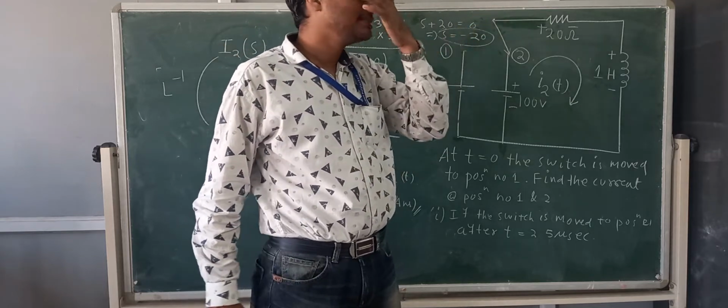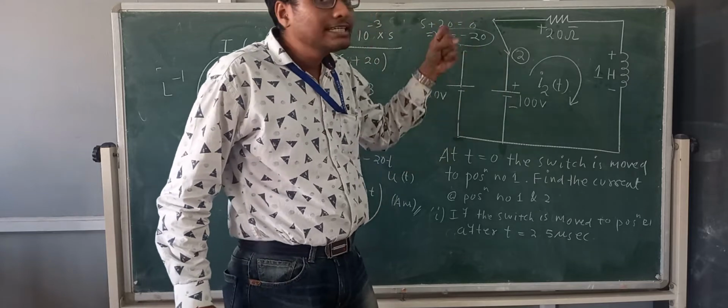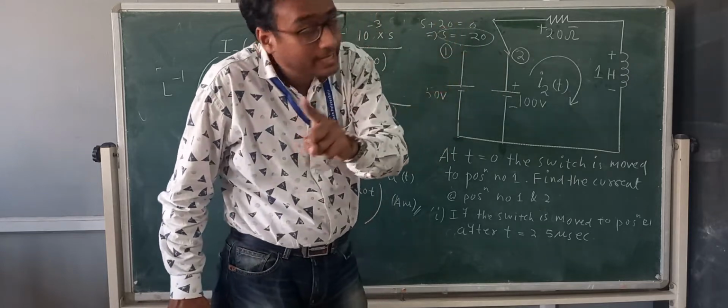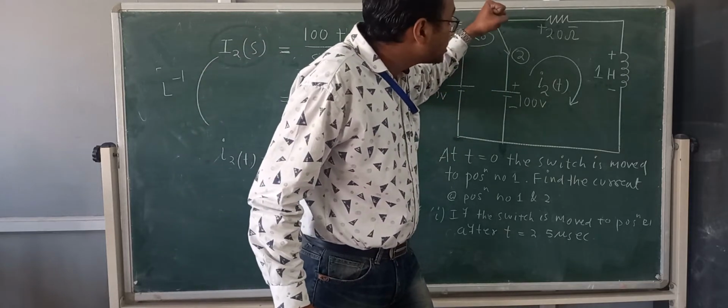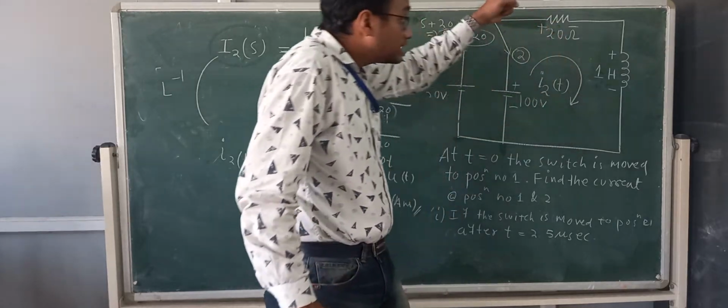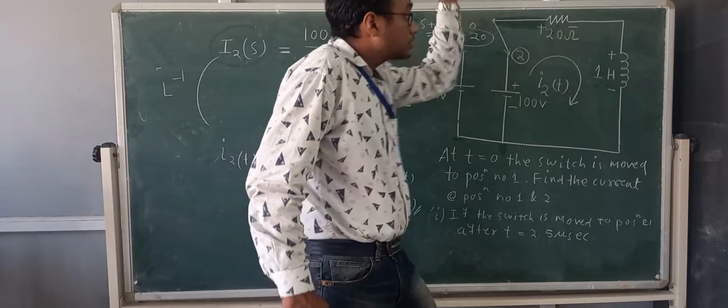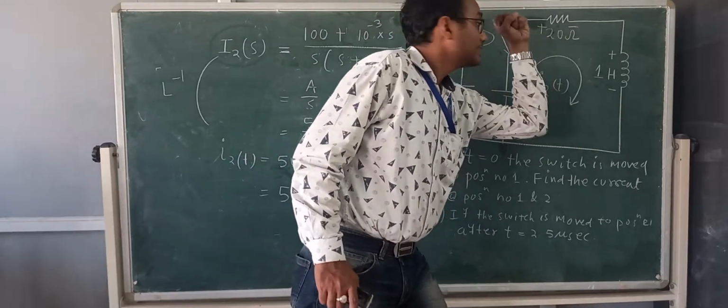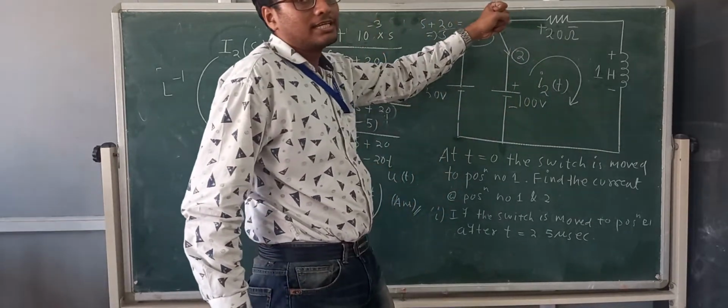Then what he is asking: after t equals 2.5 microseconds, this switch is moved from this position to this position. Before the switch is connected to this position, what is the current flowing here initially?